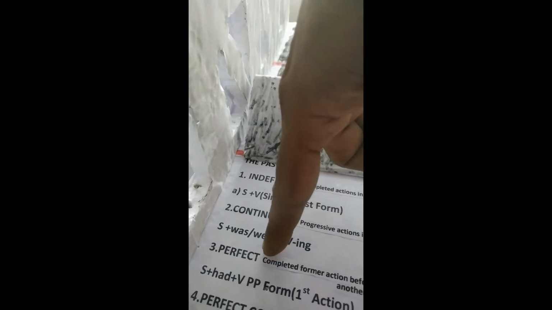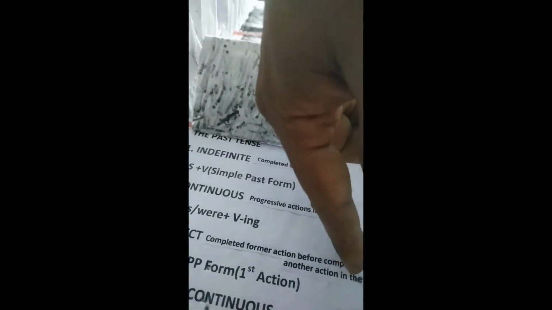Next part is the past perfect tense. It indicates two types of actions in the past. See the definition. It indicates the completed former action before completion of another action in the past.